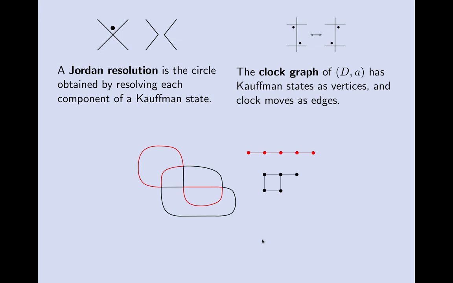Now we can do a few things with Kauffman states. The first one is that Kauffman states provide us with Jordan resolutions. As suggested in the top left figure, this is just an embedded cycle on the two-sphere obtained by resolving the diagram in this way for each component of the Kauffman state.